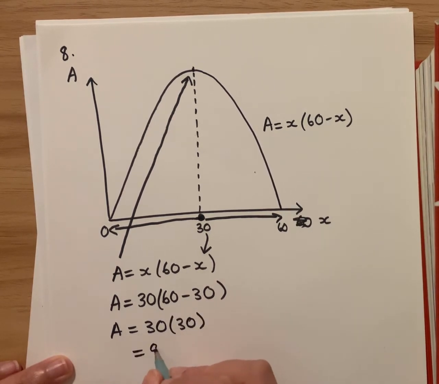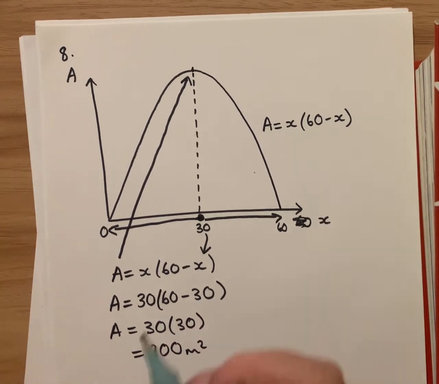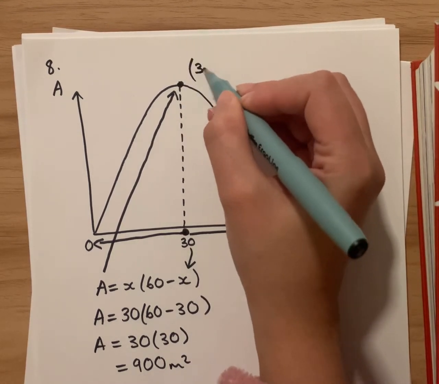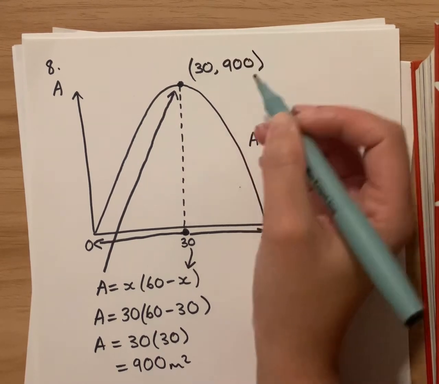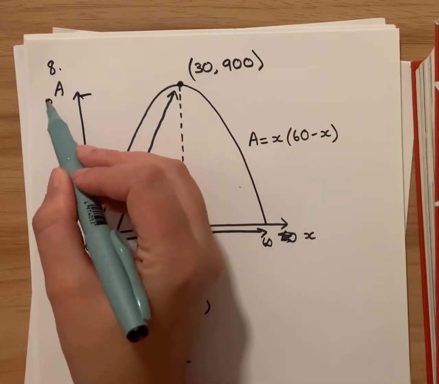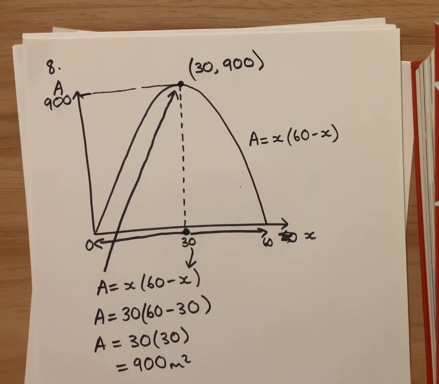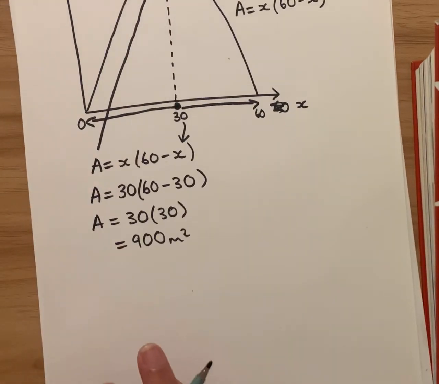So we're left with A equals 900, and it's meters squared. So that means that this point on the graph has an x value of 30 and a y value of 900. Okay, so here is 900, and the highest point is clearly 900. So the biggest area, the greatest area, the maximum area is 900. So 8 is B.